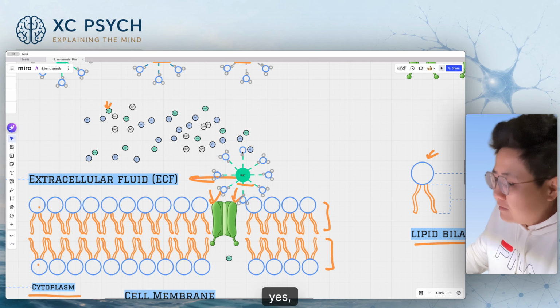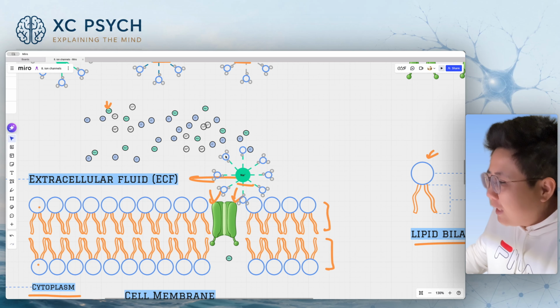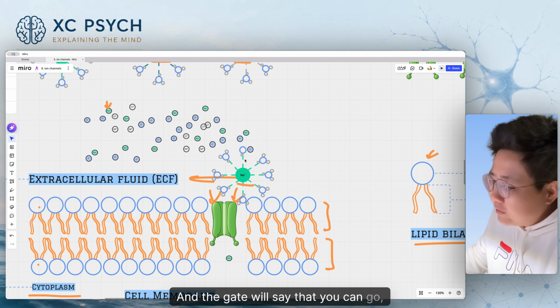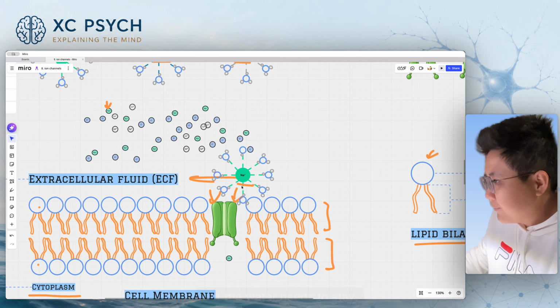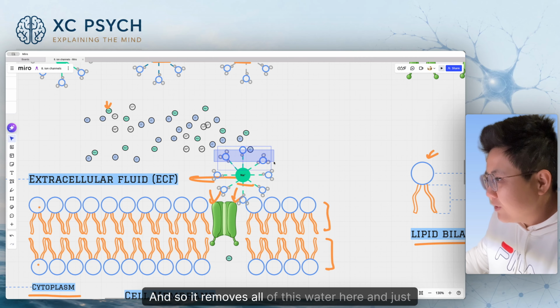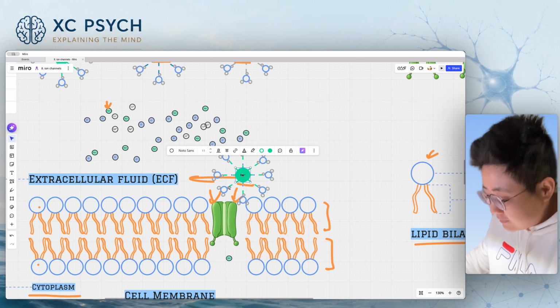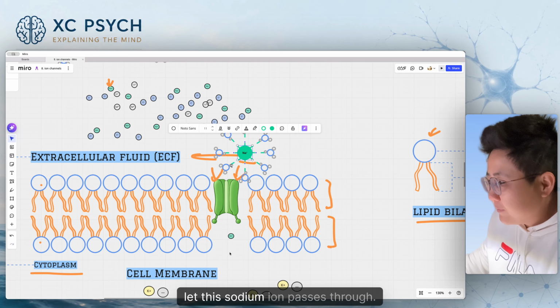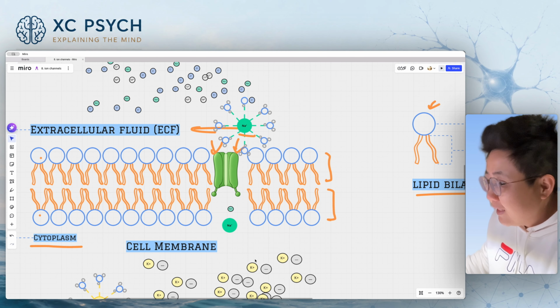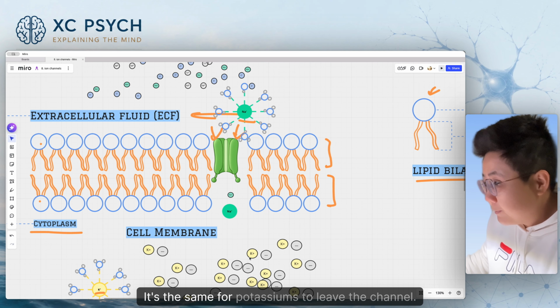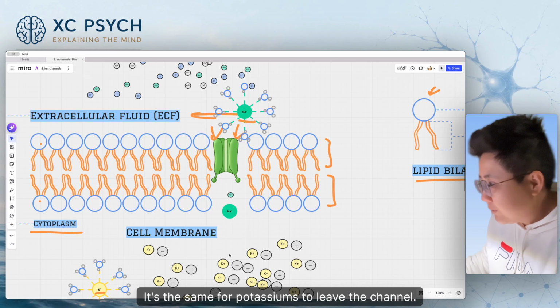And sodium says, yes, I do have water. And the gate will say that you can go, but the water needs to stay. And so it removes all of this water here and just lets the sodium ion pass through, right? It's the same for potassium leaving the channel.